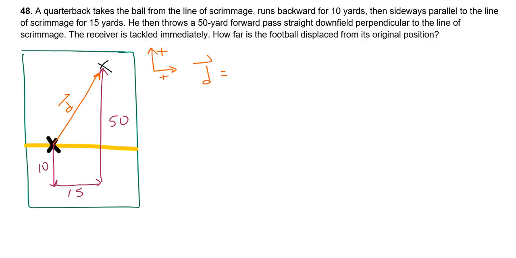So D is going to be, so this first vector here that's labeled as 10, so it's 0 in the x direction. If we keep our traditional coordinate system the way it is, we'll have 0 in the x direction and 10 in the negative y direction. So we'll have 0, negative 10.